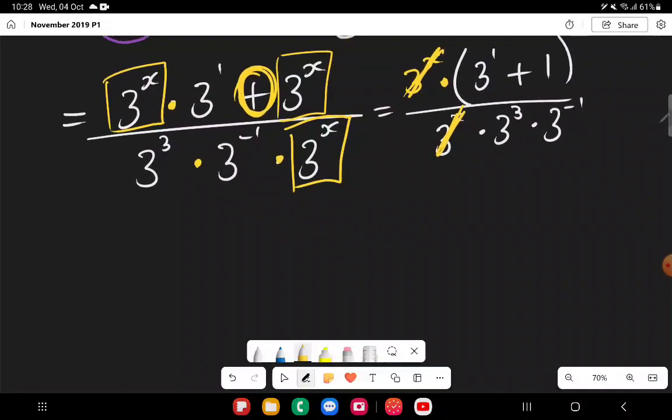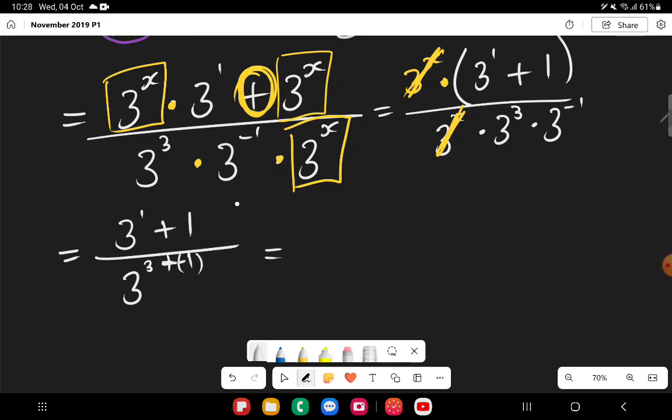Okay, so now what's left? What's left now is we've got 3 to the power of 1 plus 1 as a numerator, and as a denominator we have 3 to the power of 3, and because this is multiplication we're going to subtract. Actually we're adding negative 1, plus minus 1.